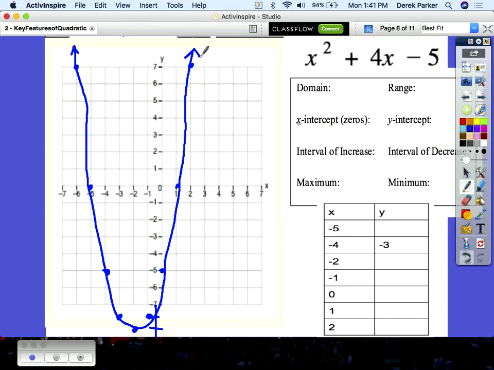If you're using your TI-83, it'd be drawn a little better, but that's what the parabola will look like.